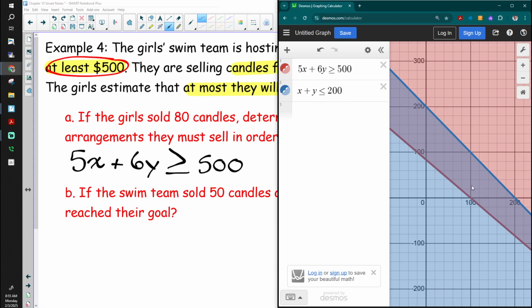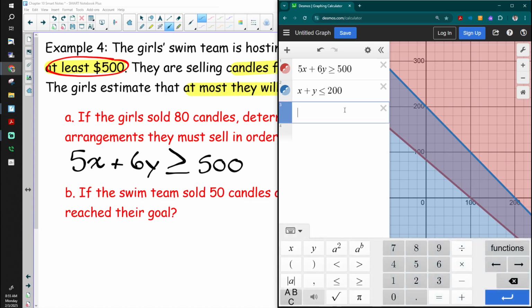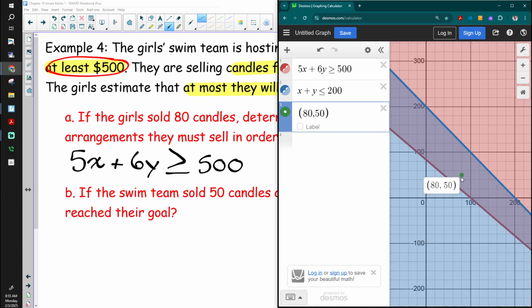If they sell 80 candles, okay, that's x. Let's figure out how many flower arrangements they could have possibly sold. So let's pick a number. Let's say they sold 50 and just see. If they sell 50, is that good? Yeah.